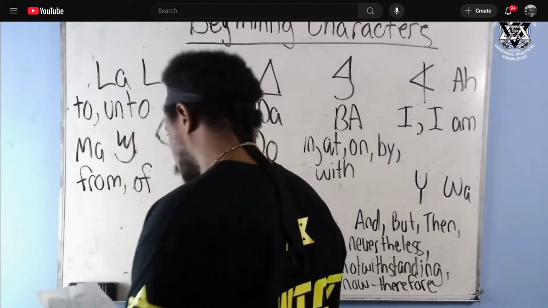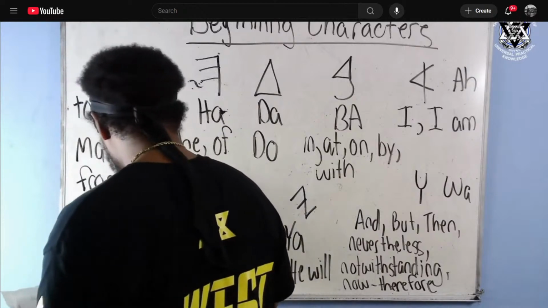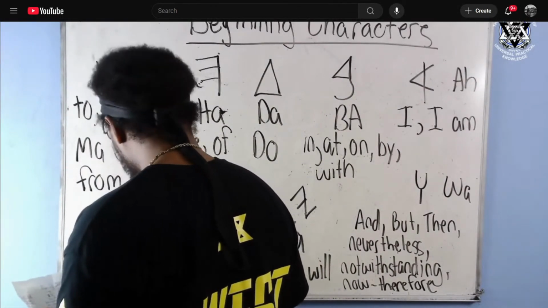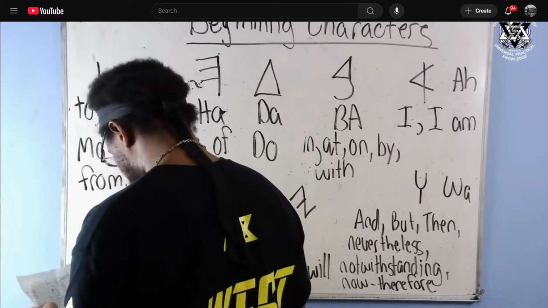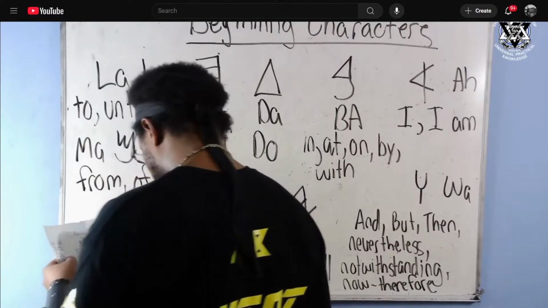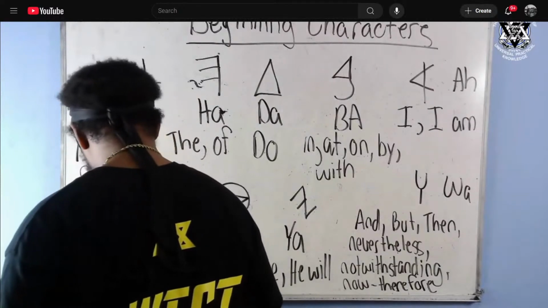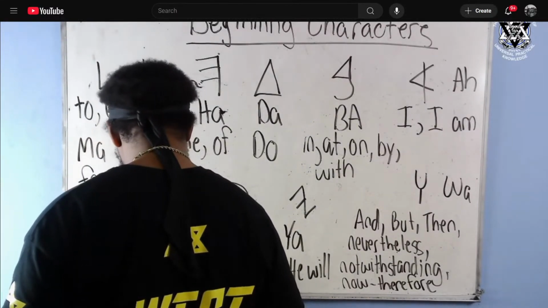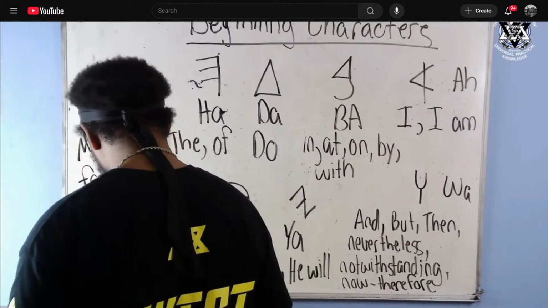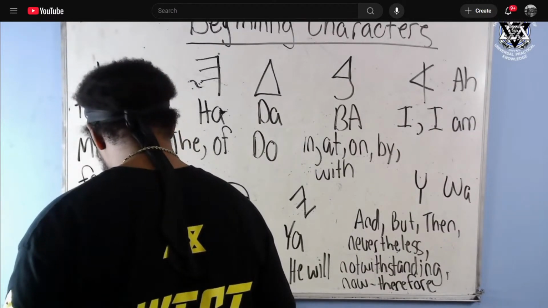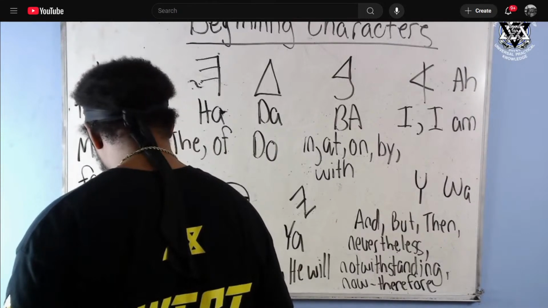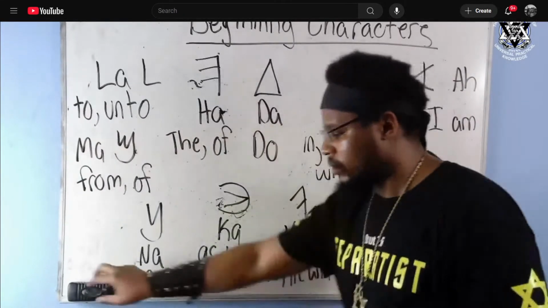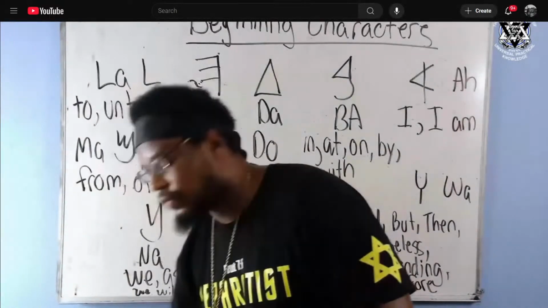When found at the beginning of a word, we got Na. Na means we, as our, or we will. That's the last character.